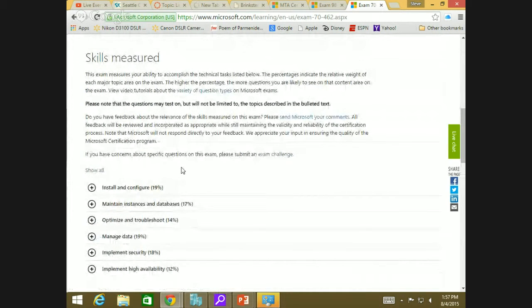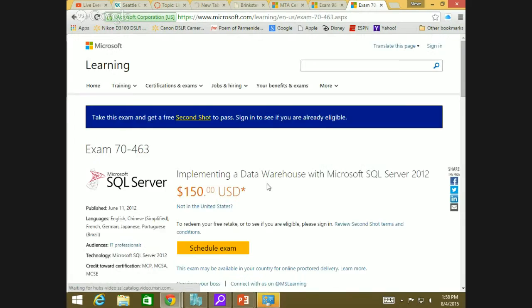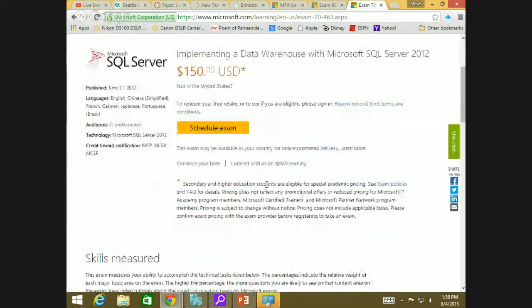Microsoft wants to believe they're in demand. Yeah, well, they are for real in demand when you get into enterprise, for sure.